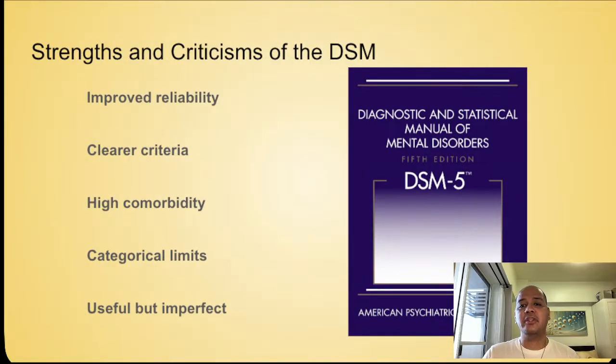There are strengths and criticisms of the DSM. One of the strengths, of course, is that it improves reliability by offering clearer criteria. It gives professionals a common language. It supports research, communication, and treatment planning. But it also has criticisms. One major issue is comorbidity, the fact that many people meet criteria for multiple disorders at the same time. Another issue is that some categories do not map neatly onto actual causes or mechanisms.